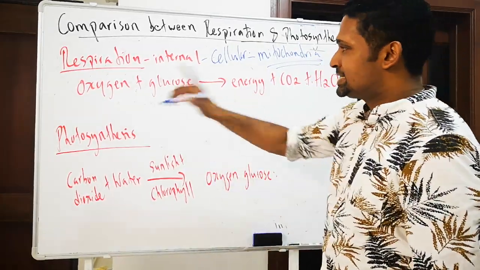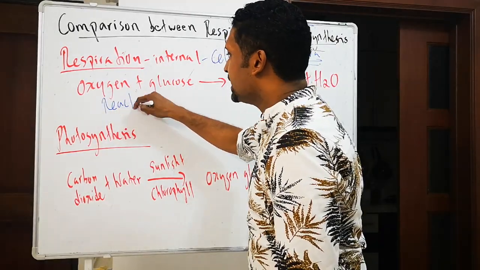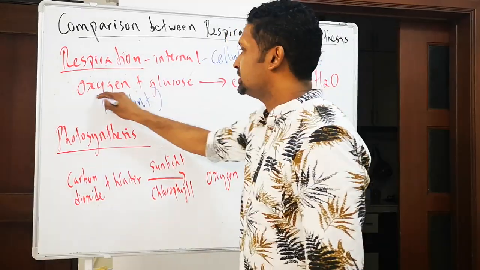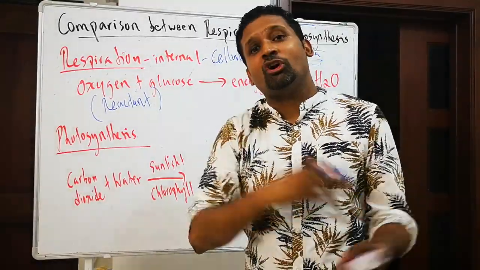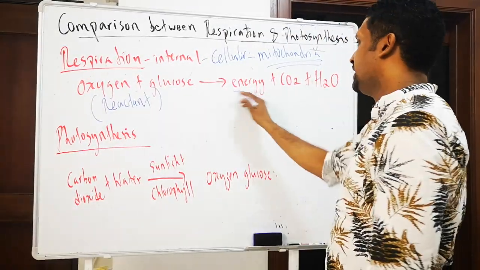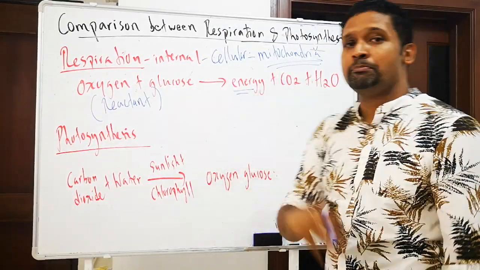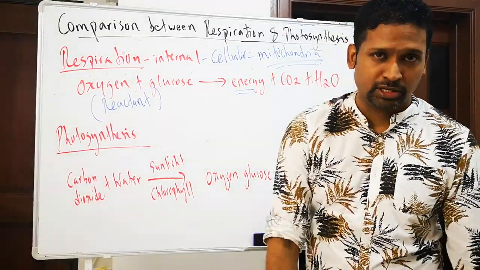Now, these are the two things that react. The reactants are oxygen and glucose. Oxygen oxidizes glucose, then produces energy, carbon dioxide and water. Energy is the main thing that must be produced. The carbon dioxide and water are the byproducts.